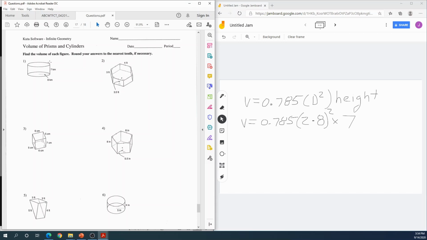We'll multiply that by 7 and 0.785. This is going to give us 1,406.7. Now, I'm in trouble because I did not track my units on this. My units are going to be kilometers squared times kilometers, which will give me kilometers cubed.